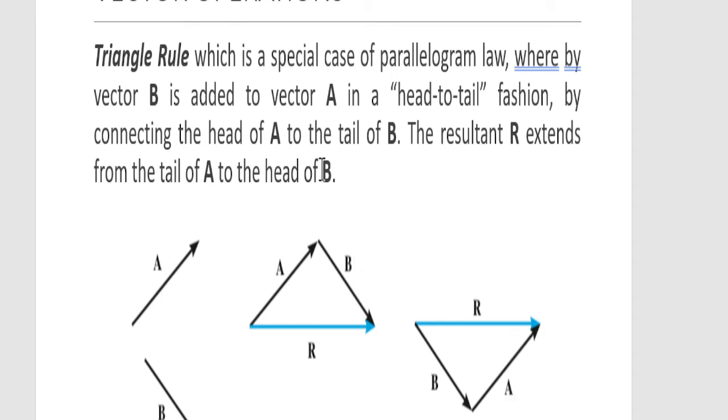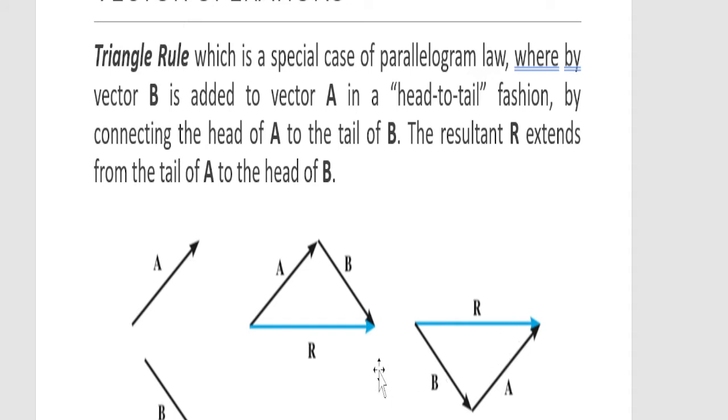We can also perform the triangle rule the other way, vector b to a. So whenever you are doing the vector addition, whether it is a plus b or b plus a, the value of the resultant vector will still be the same.